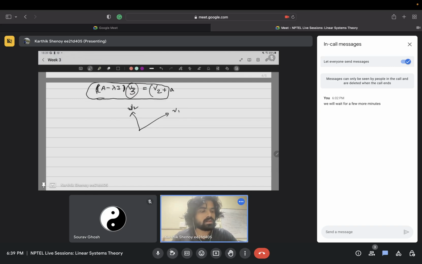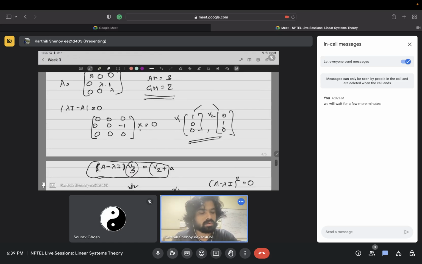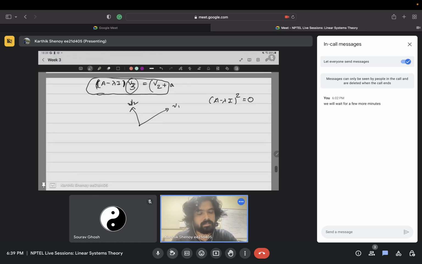Now you want to make sure (A minus lambda I) squared is 0, because the geometric multiplicity is 2. So I have to make sure it's 0 times V is 0. In one step I have to reach this space, and in the next step it will be 0.